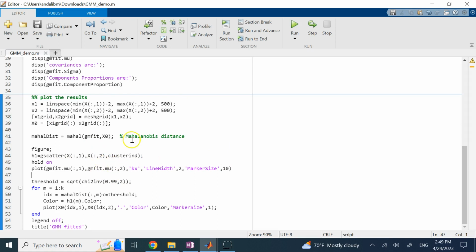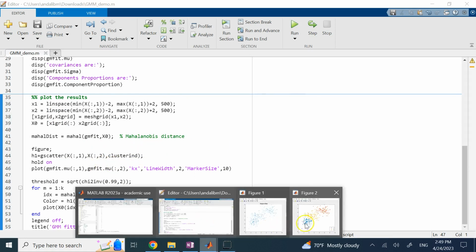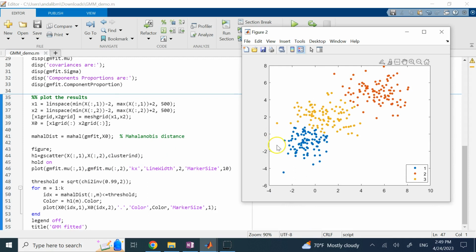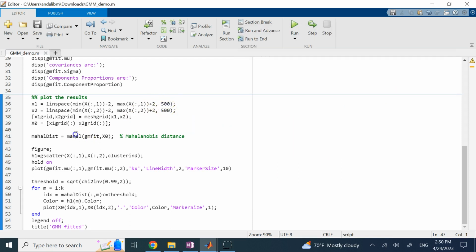So I can allocate them to one of these 3 colors, and then I'm not going to draw an ellipse. I'm going to form those ellipses by a lot of tiny points. So my ellipses are not going to be a curve, they are going to be a surface filled with lots and lots of points. That's what I'm doing here.